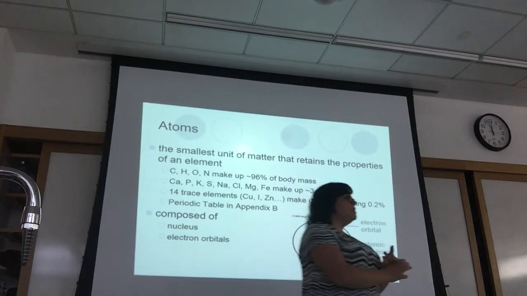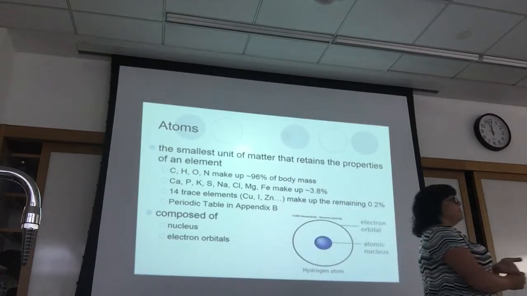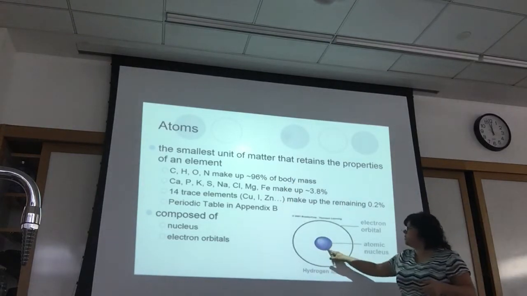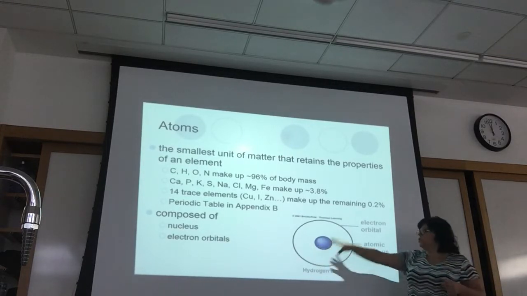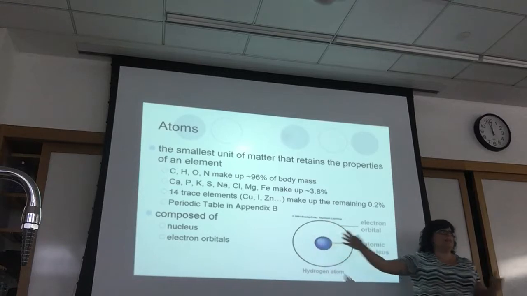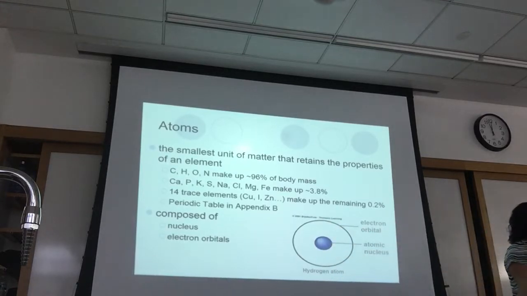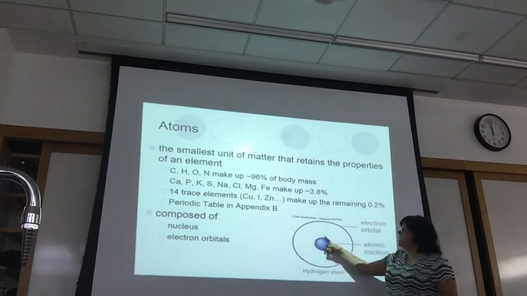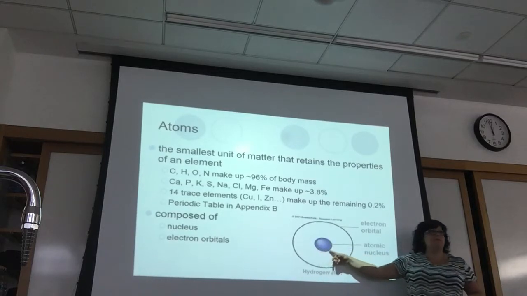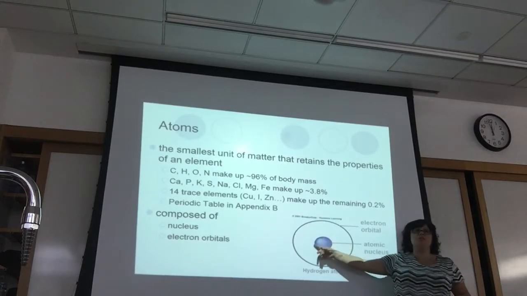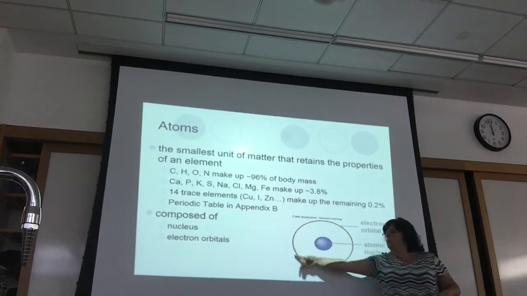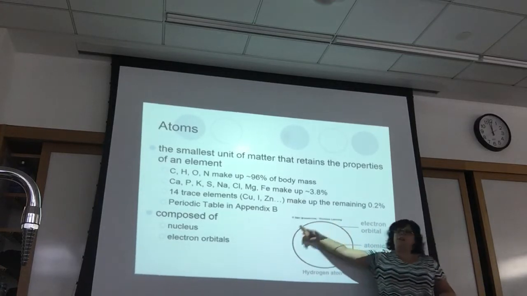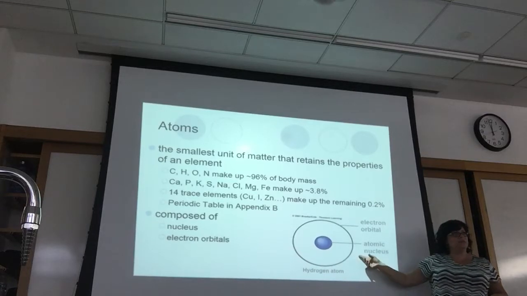The protons and the neutrons are held here in the nucleus of the atom. So if this is one atom, let's say this is hydrogen, the protons for hydrogen would be here, as well as the neutrons. The electrons would be here in what we call the electron orbital.